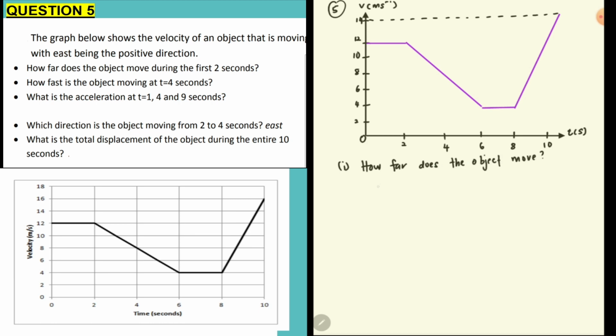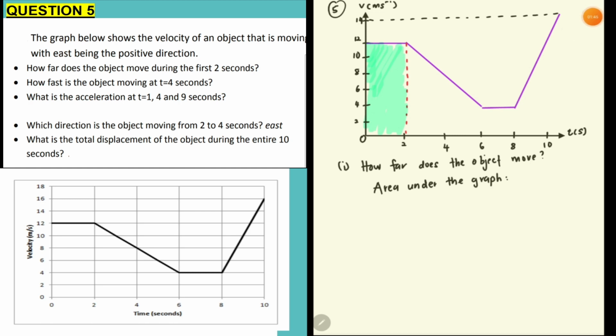So we want to calculate the area under the graph, since the area under the graph will give the displacement of the object. In the first 2 seconds, we want to calculate the area under the graph.